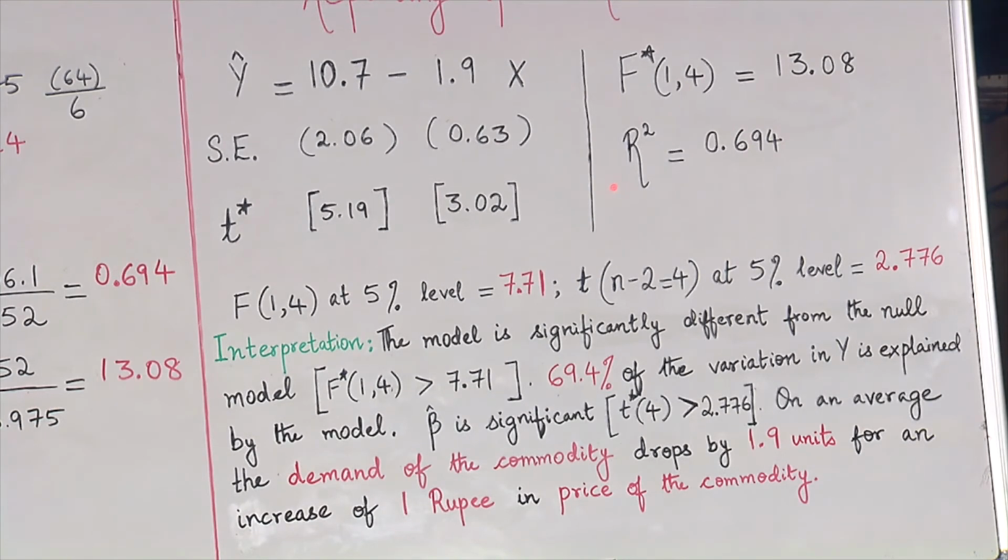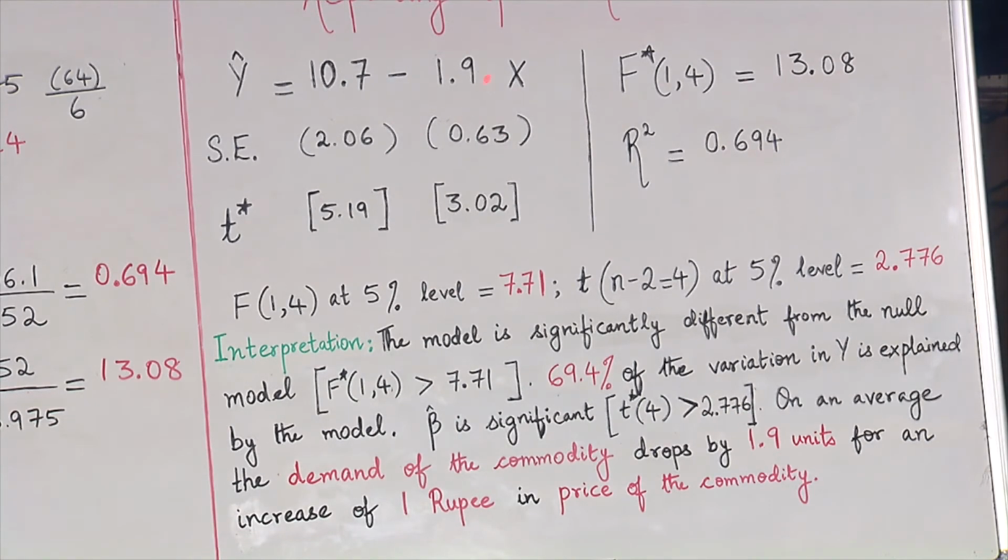The R square value 0.694 implies that 69.4% of the variation in y is explained by the model. Beta hat is significant because the calculated t value 3.02 is greater than the table t value 2.776.